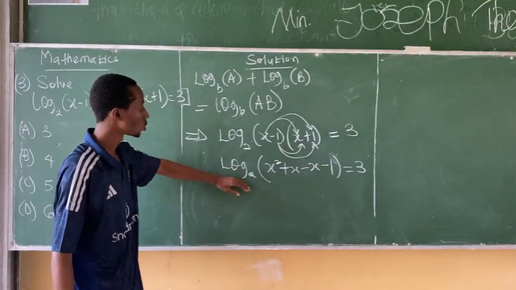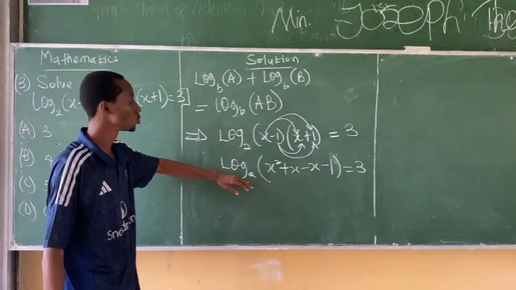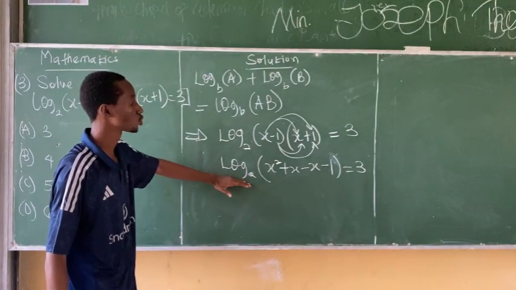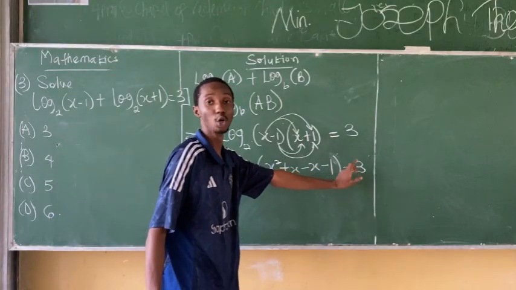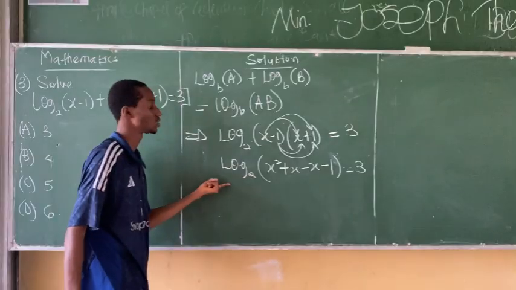Now this log 2, for us to remove this log 2, this now becomes a base and 3 becomes a power. That's the only way to eliminate this log 2.